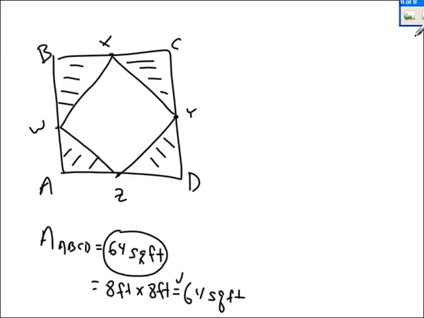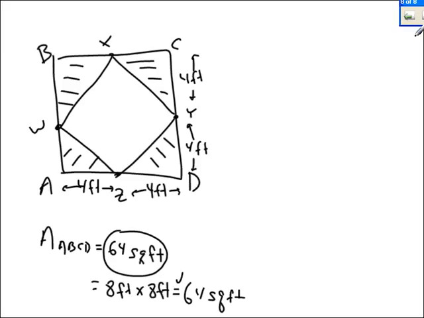The outer square is 8 feet. Since W, X, Y, and Z are the midpoints, we know that each of these pieces is 4 feet. 4 feet, 4 feet, 4 feet, and 4 feet.